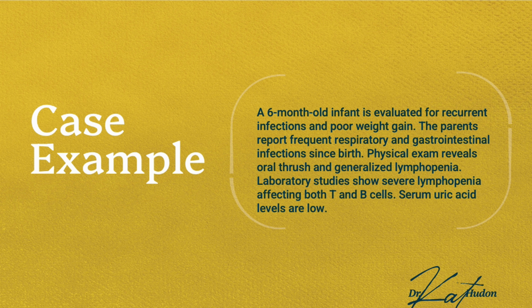So if we put it all together, infant with SCID features, low uric acid, and a purine metabolism defect points directly to ADA deficiency. The key idea here is that purine metabolism disorders don't just cause biochemical abnormalities, they can present as immunodeficiency, and ADA deficiency is a classic metabolic cause of SCID.